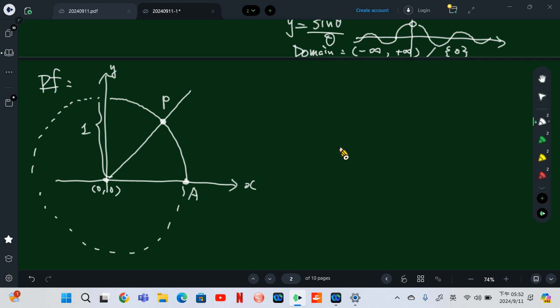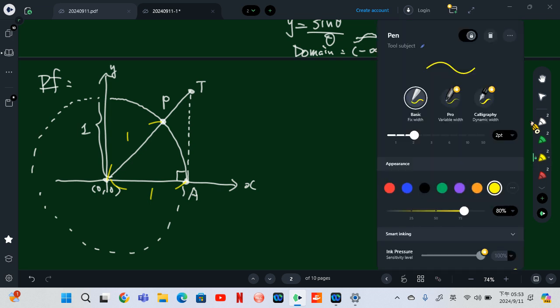Okay, and then if I make a right triangle here, if I say this point is T, then we already know it's a unit circle, right? So because it's the radius, the length here will be 1. I will make 3 triangles here for your reference.